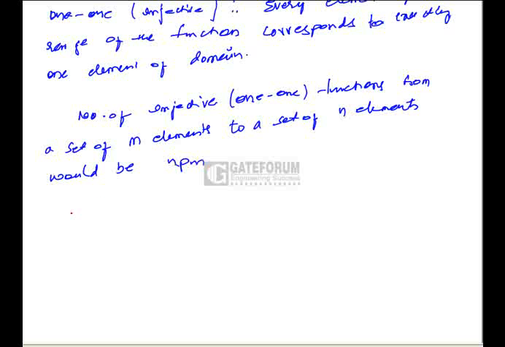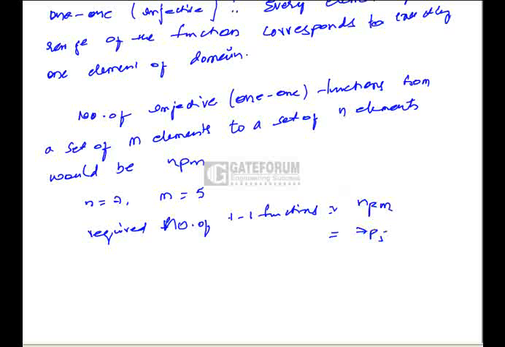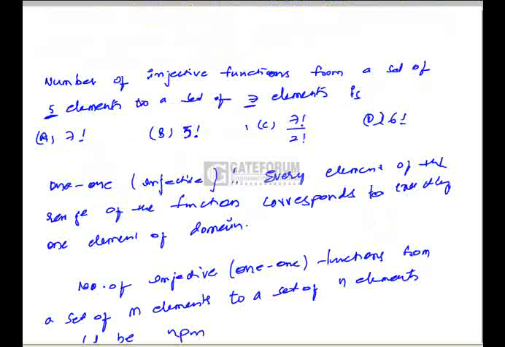Here n is equal to 7, m is equal to 5. So the required number of one-to-one functions is equal to nPm, which is 7P5. So 7P5 is nothing but 7 factorial by (7 minus 5) factorial. This is equal to 7 factorial by 2 factorial, which is option C.